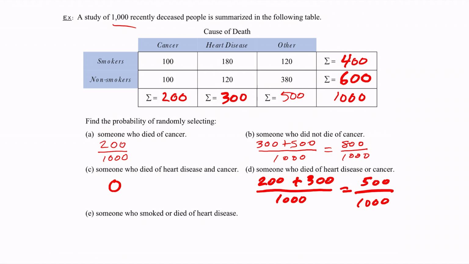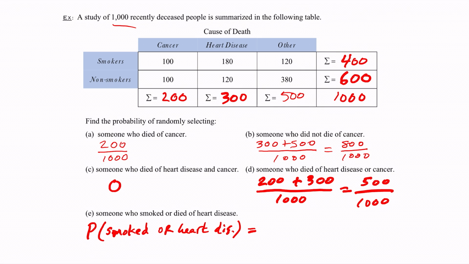And then finally, someone who smoked or died of heart disease. Well, now we can look at our addition rule here. Someone who smoked or died of heart disease, well, we can use our addition rule.